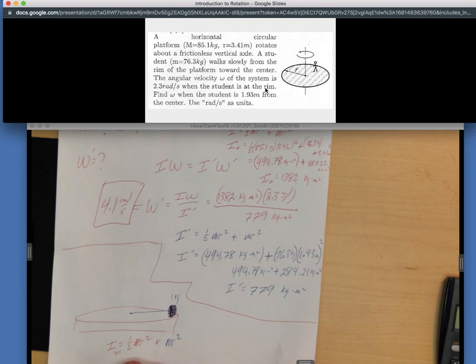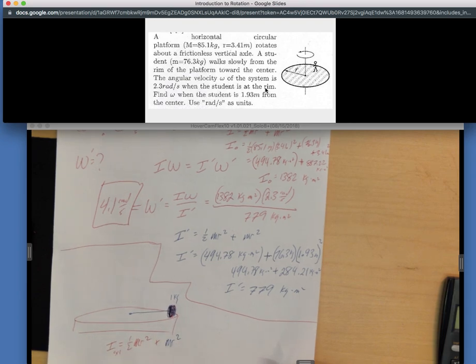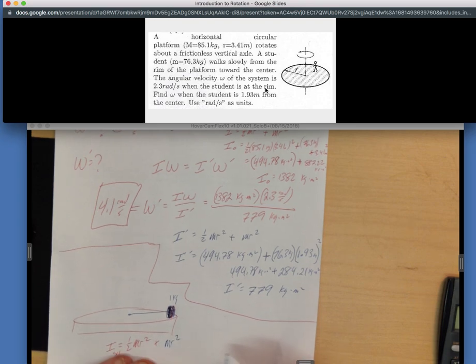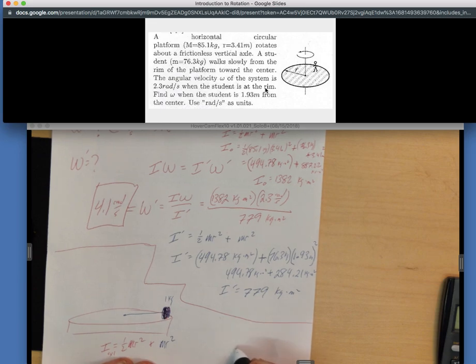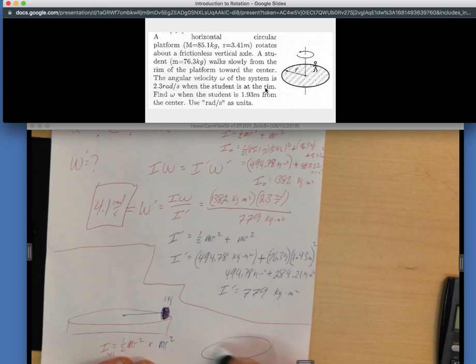If you laid down a cylinder on top of it, then you'd do two cylinders. And if you had a hoop, a thin ring, and you suddenly put a weight on it, that'd be mr squared for the hoop because all the mass is out there, plus the mr squared of the little weight, right?